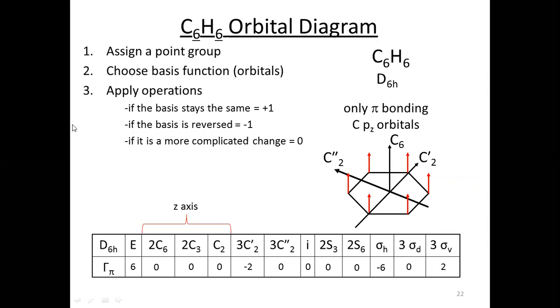We will apply all the symmetry operations of the D6h point group and see how many pi orbitals are unchanged. If there is no change, then it is +1. If the changes are reversed, then it is -1. If the orbitals are completely changed, then it is 0.